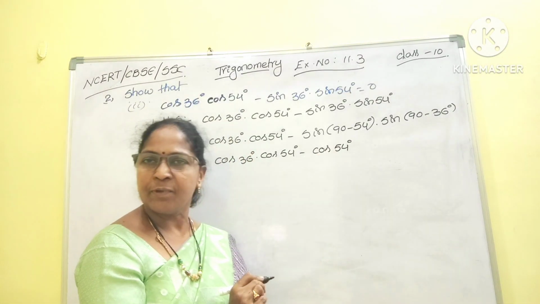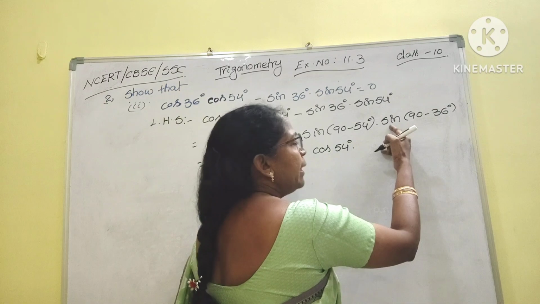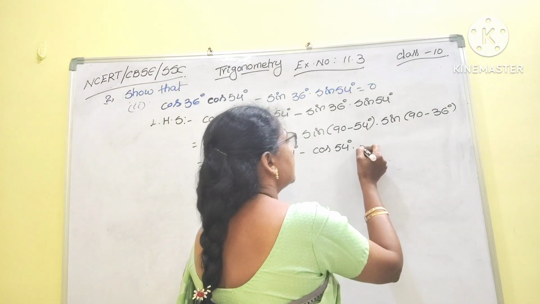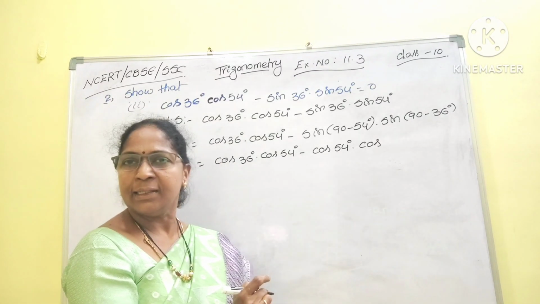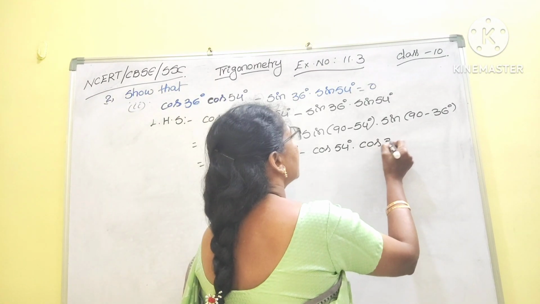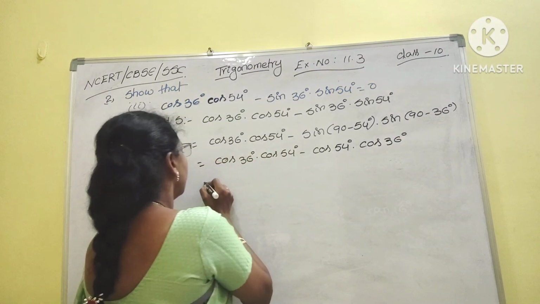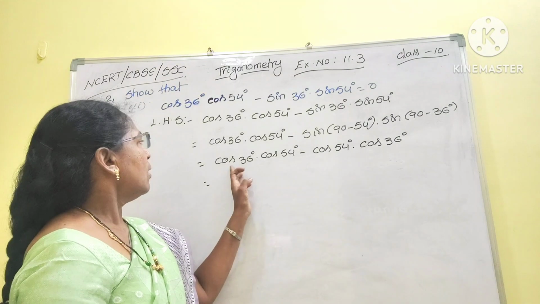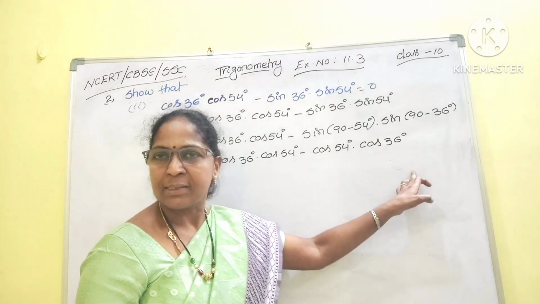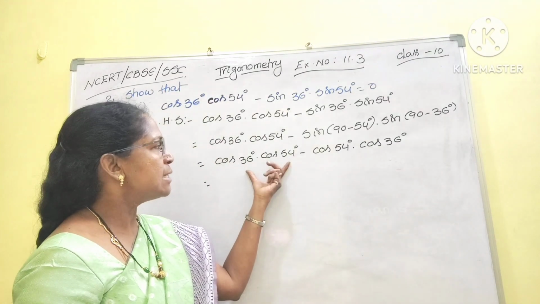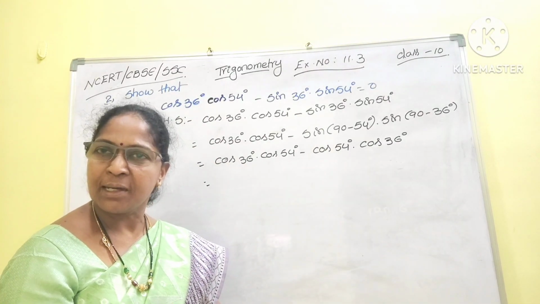So cos 54 degrees into, again, sin(90 minus theta) equals cos theta, where theta equals 36 degrees. So cos 36 degrees. Now just observe here: cos 36 into cos 54 minus cos 54 into cos 36. Both angles are the same and the trigonometric ratio is also the same.